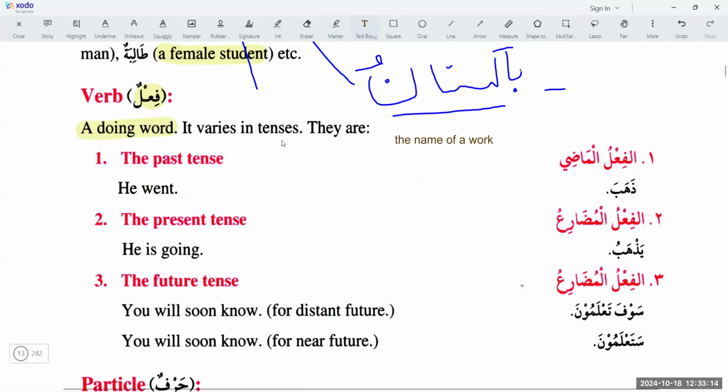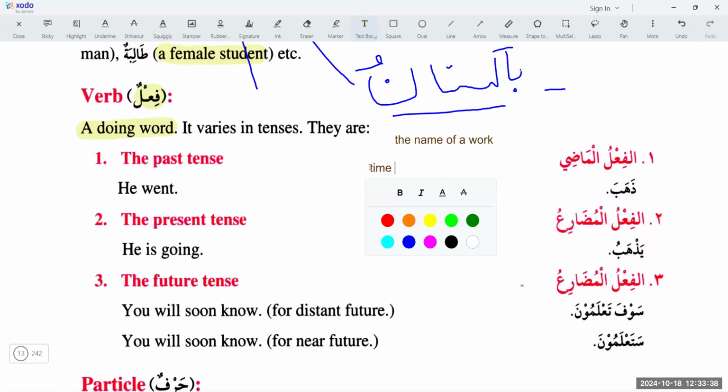It varies in tenses. So this is the name of a work or a doing word. It must contain a time. Fe'l must contain a time. There must be a time of the action.